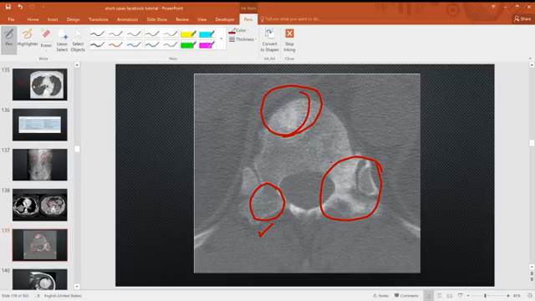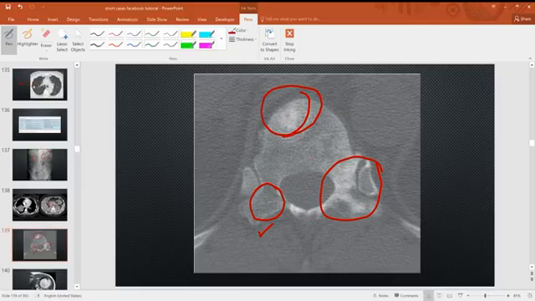And you also have the transverse process here, it is sclerotic. So you have sclerotic metastasis involving the pedicle and the anterior part of the vertebra.